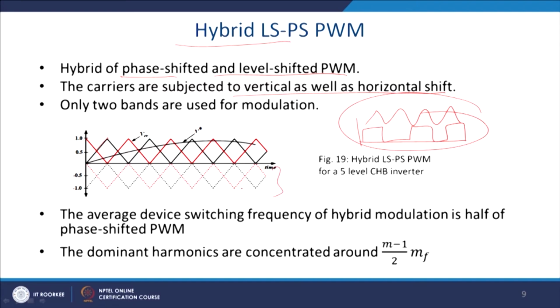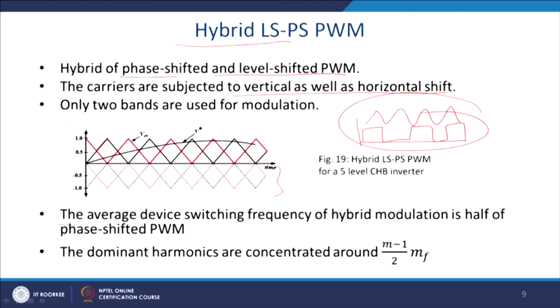You just try out different control techniques, because unless you try those techniques here, you will not be able to appreciate this lecture. The average device switching frequency of the hybrid modulation is half of phase shifted PWM. Why?